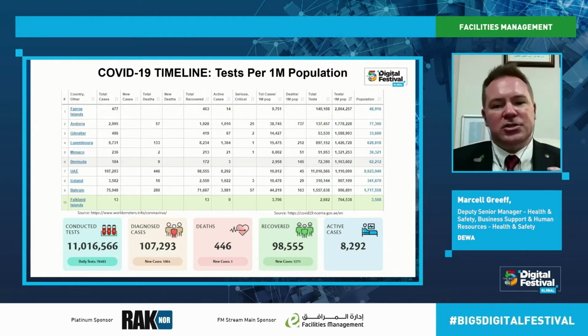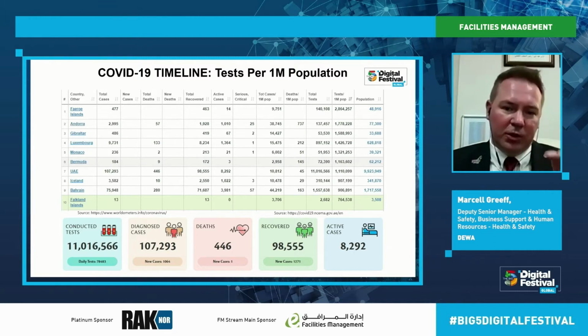The slide here shows exactly that the UAE as a country is making a lot of effort to monitor, control and mitigate the COVID-19 crisis or pandemic. From a population point of view, I mentioned there's almost 10 million people.